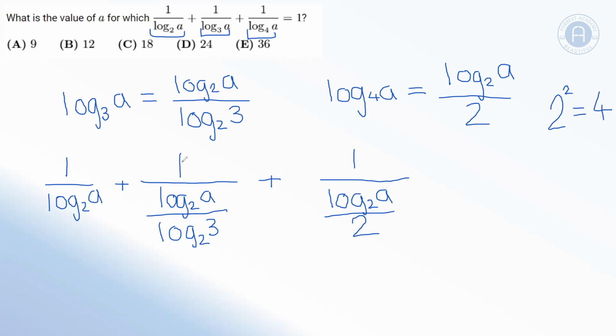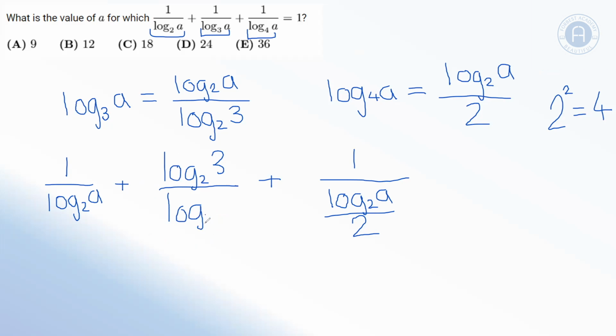Now this point here, we're dividing by a fraction, so we can think of keep, swap, flip: keep my first number the same, and simply flip my fraction around. So that will instead give us, in the middle here, 1 over log 2 of A plus log 2 of 3 over log 2 of A. The same with this one here.